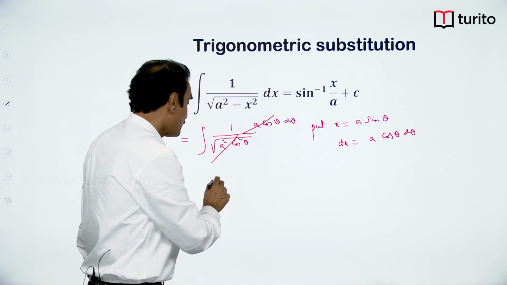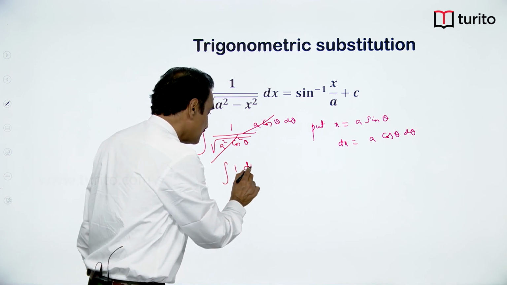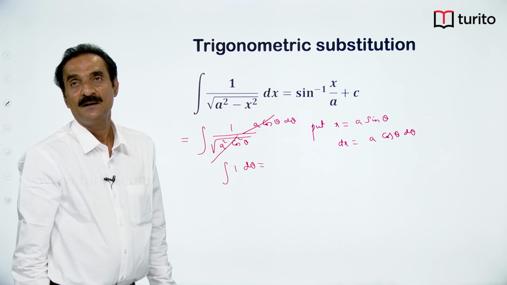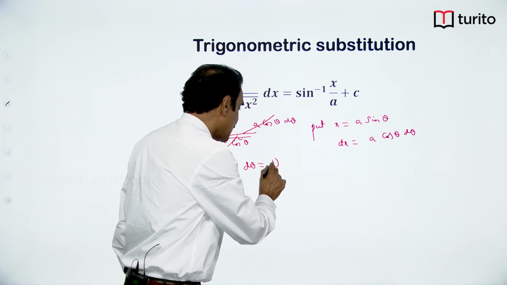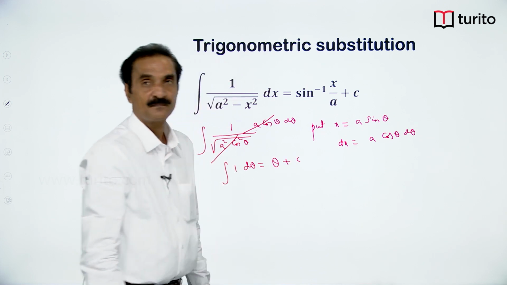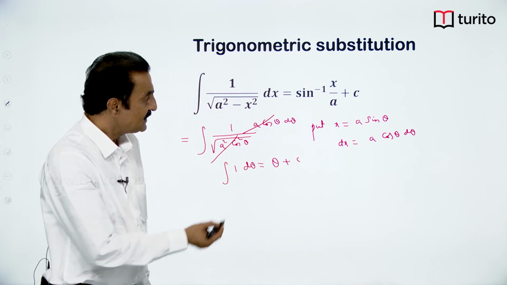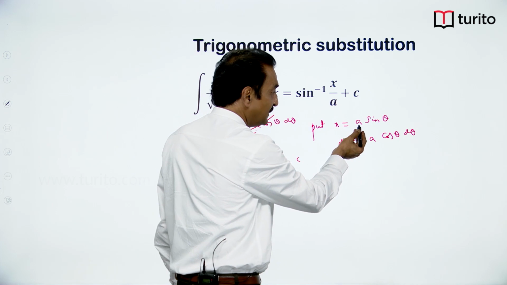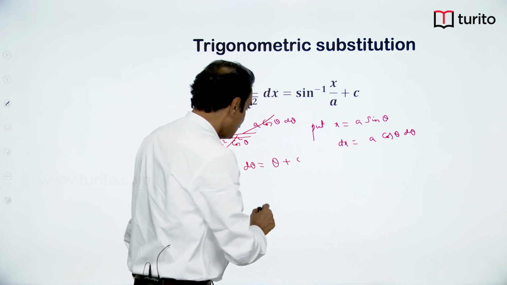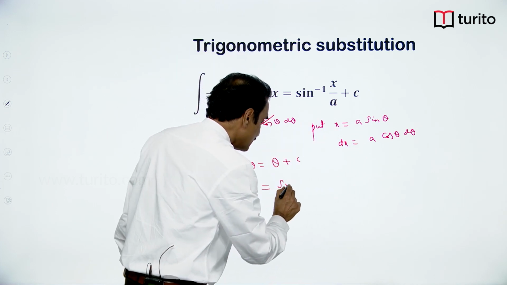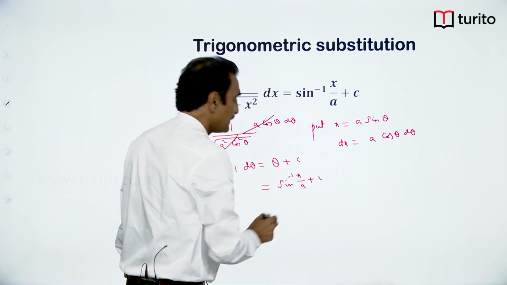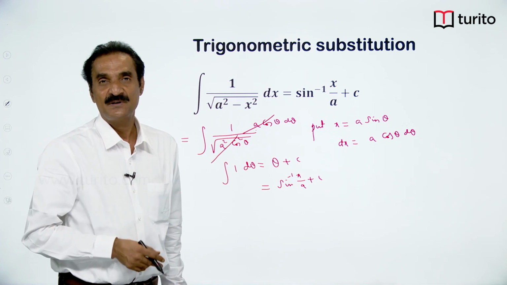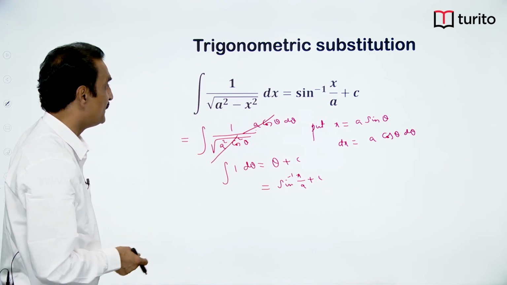What will you get? Integral 1 d theta. What is the integral of 1? It is theta plus c. Then substitute theta: x by a is sin theta, then theta is sin inverse x by a plus c. So, this is the proof of this formula.